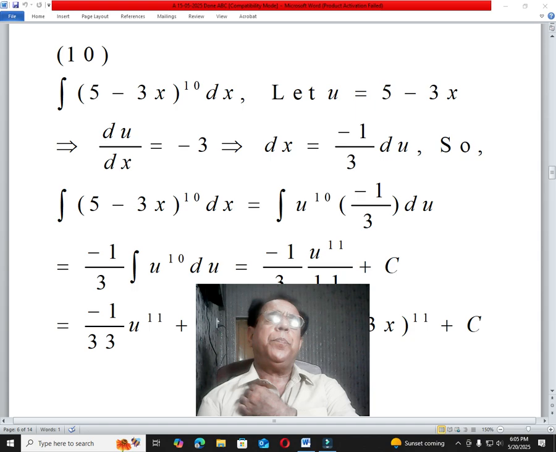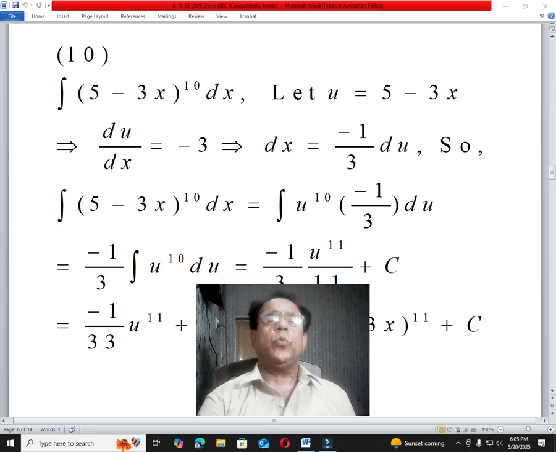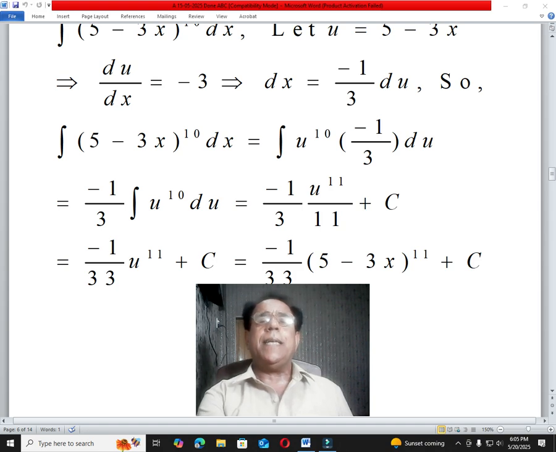So integral (5 minus 3x) raised to power 10 dx becomes equal to integral u raised to power 10 into minus 1 by 3 du. What is this? This is in place of dx.